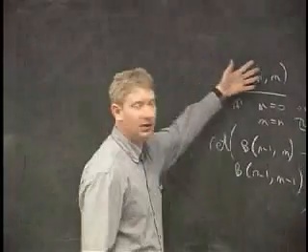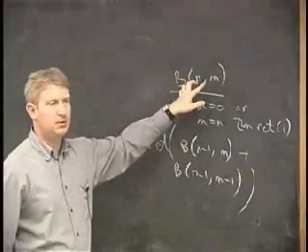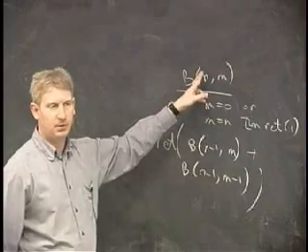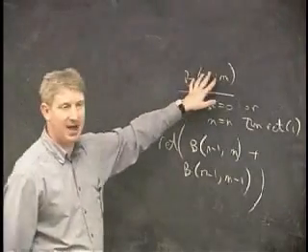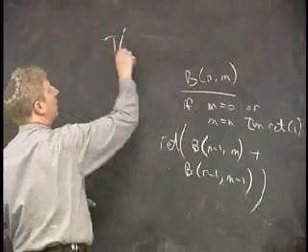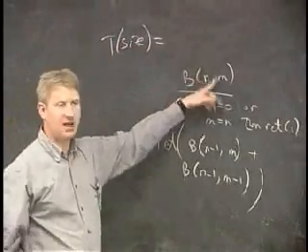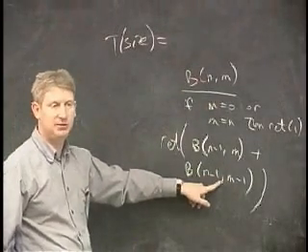In this example, unlike the other recurrence equations, we have 2 inputs. So let's consider the size of the input to be the sum of these 2. So let's calculate how much time it takes to do something that has n and m. I'll call it size. The time it takes to do something of size n plus m is equal to the time it's going to take to do this one and the time it's going to take to do this one.